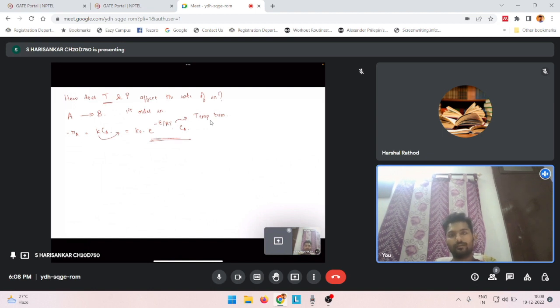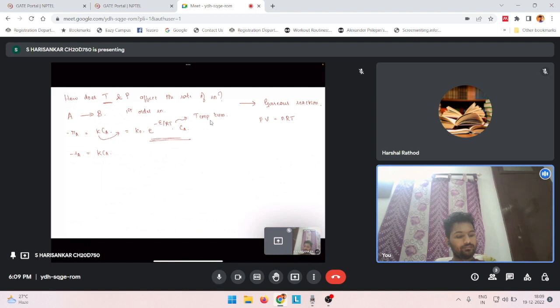Now how does the pressure affect this rate of reaction? The same thing, we have this rate as minus rA is equal to k CA. Now assume this is a gaseous system or a gaseous reaction. For gaseous reactions, you have the ideal gas law, right? So PV is equal to nRT.